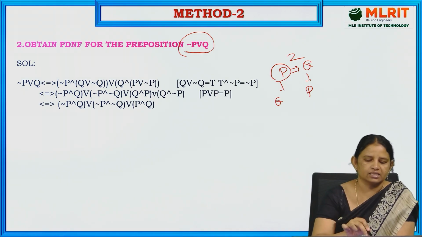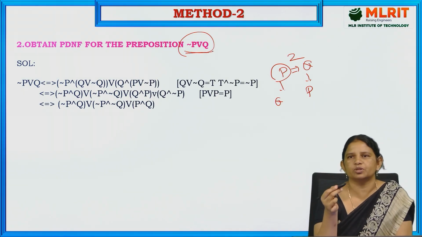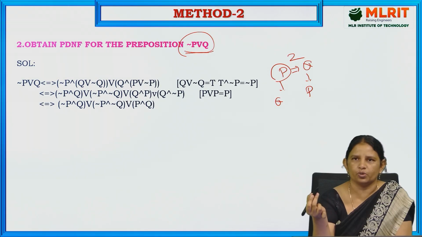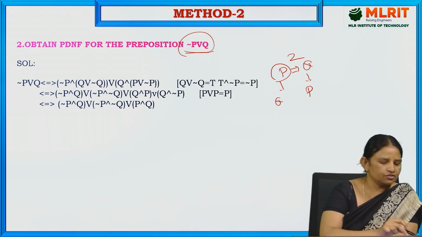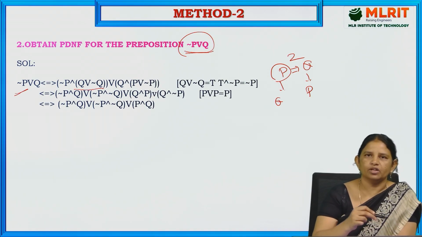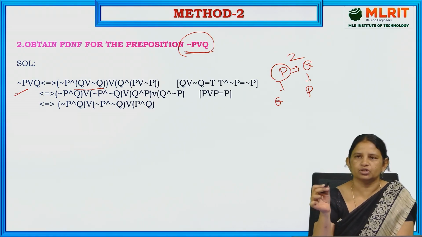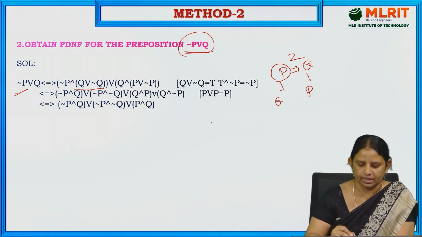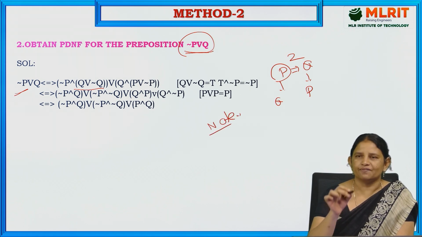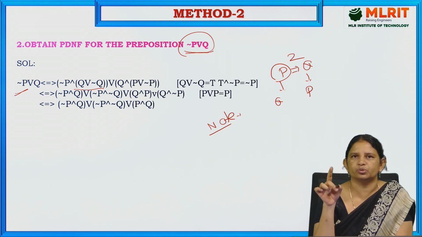Here in this example, it is not at all possible to get the required format of PDNF, so we need to introduce the missing factor in the given proposition. First, negation P is there. What is the missing factor? Even if you add the missing factor, we should not change the original meaning of the statement. That is the most important note. If you add the missing factor, the original meaning of the proposition should not change.